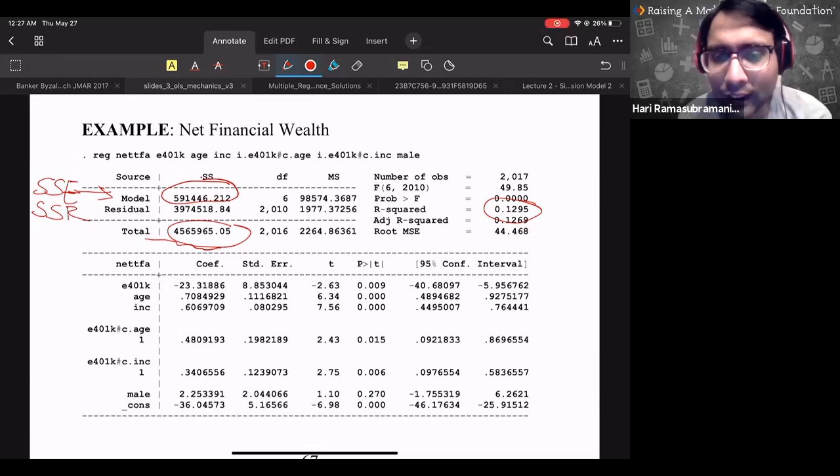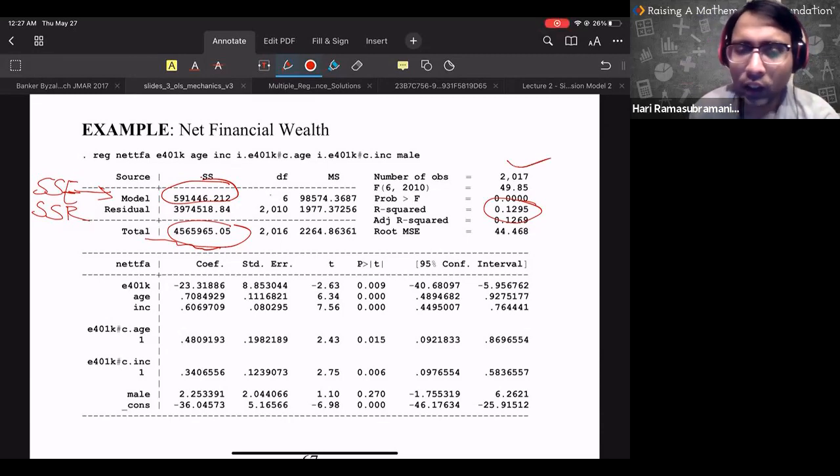No. The idea was to verify that it actually gives you the R squared. And these are your degrees of freedom. So how many observations are there? 2017 observations. So the total degrees of freedom is only 2016. That means if I tell you that the sum of 10 numbers is X, how many values can you take with freedom?